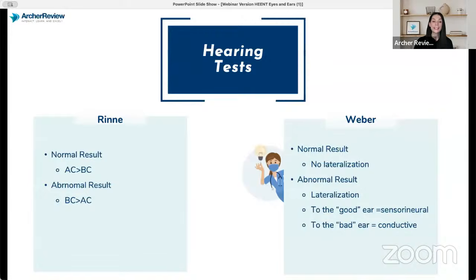If it's lateralizing to the bad ear, we're suspecting conductive hearing loss. And how would we confirm that? With the Rhine test. So if we're suspecting conductive hearing loss, we can say, I know how to test that further. And they would likely have BC larger than AC as well. So just think B and C still go together here. The bad ear is conductive.